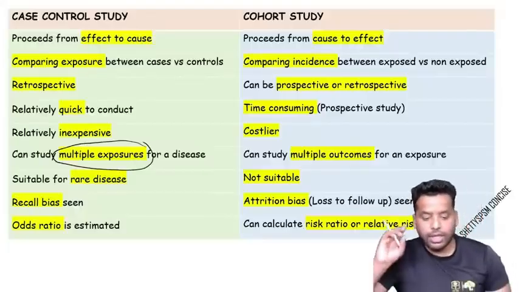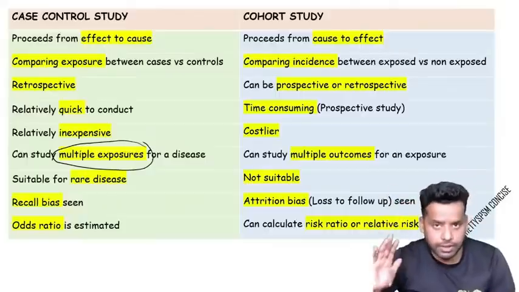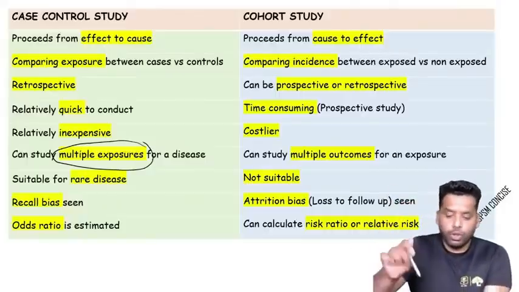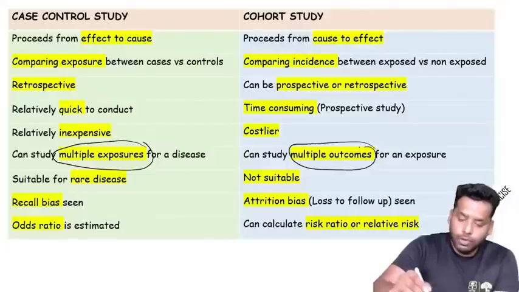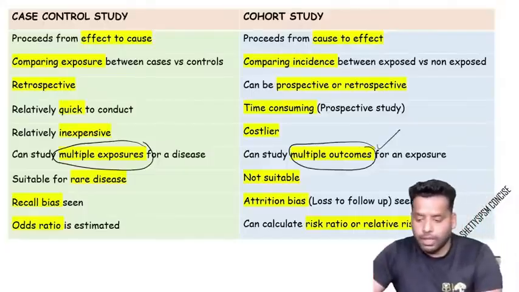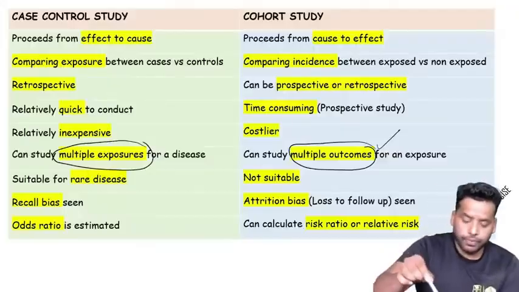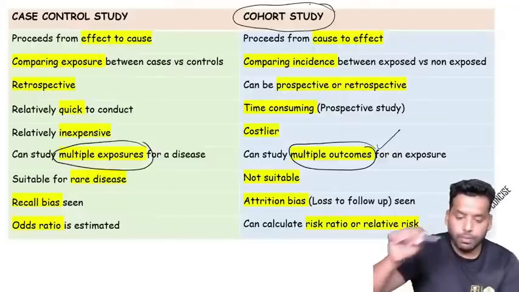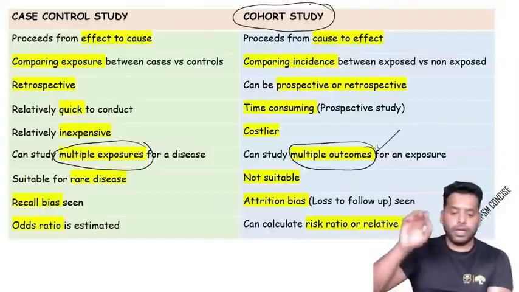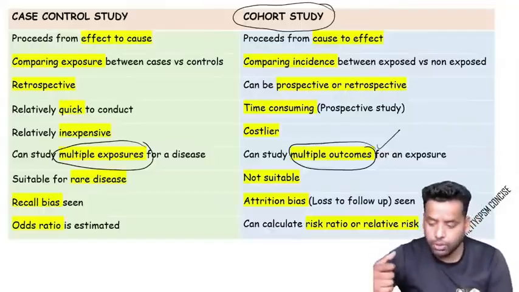You can ask history of so many risk factors. But if I want to know multiple outcomes, follow-up should be done. Multiple outcomes can be studied by doing a cohort study, true or false?